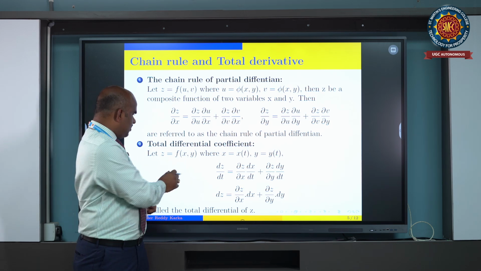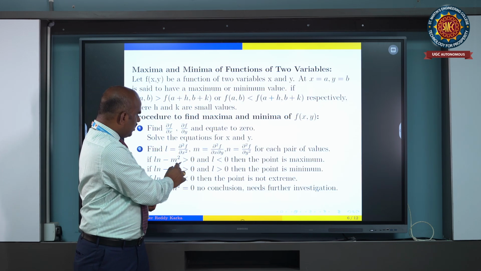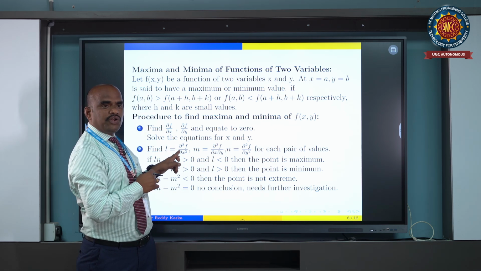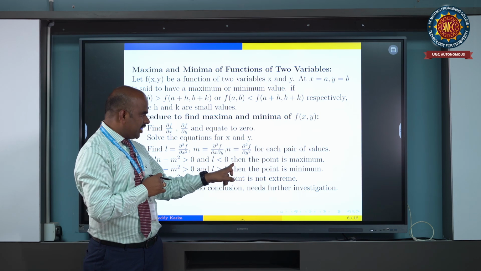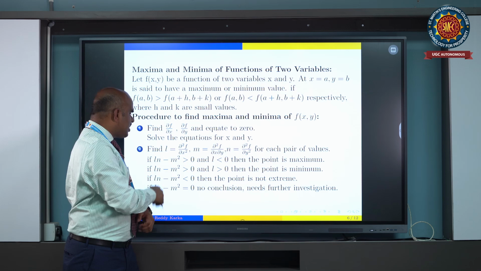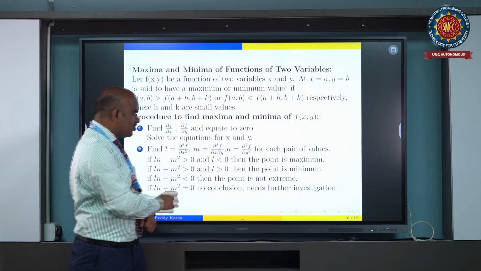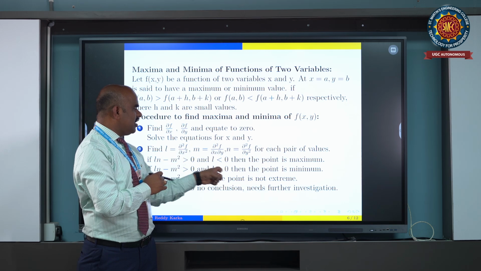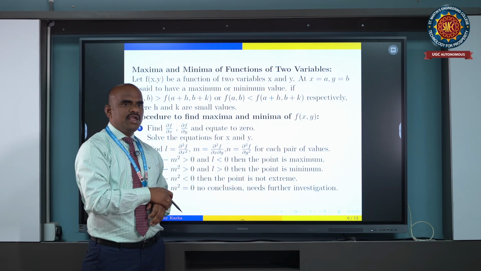If L N minus M square is positive, greater than 0, and the value of L, that is dou square f by dou x square, is greater than 0, then the point is a minimum. If L is less than 0, then the point is a maximum.